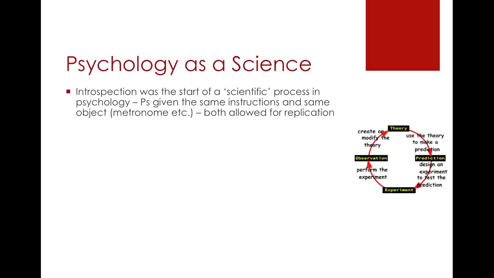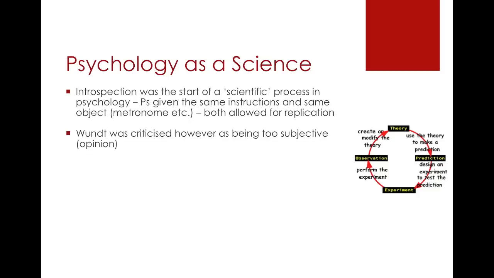So the method of introspection was good. It was the start of the scientific process, in that it was replicable, and I've already spoken about that. What that means is that the same process can be given to different people, different participants, and looked at whether we're finding the same results or different results. That's one of the cornerstones of science, replicability. And so Wundt did have that aspect towards his understanding.